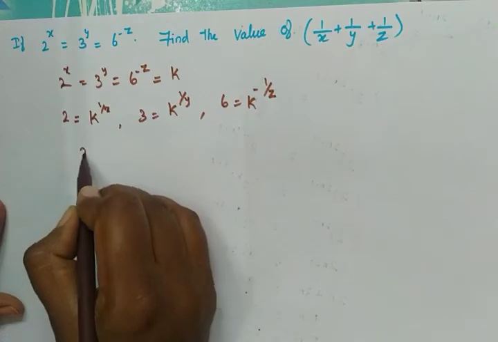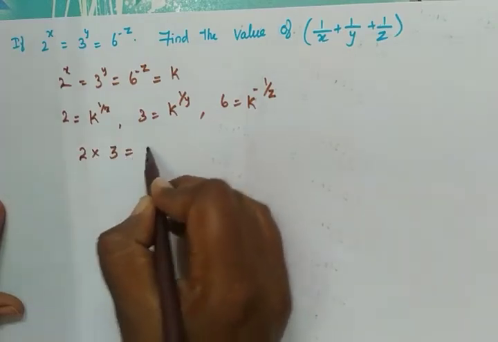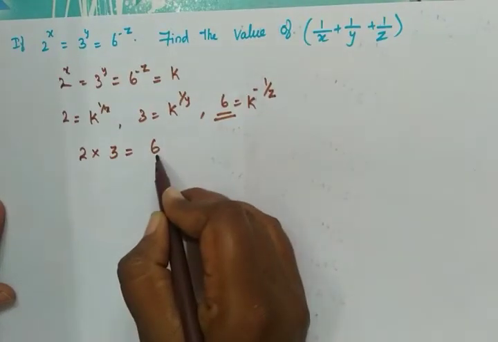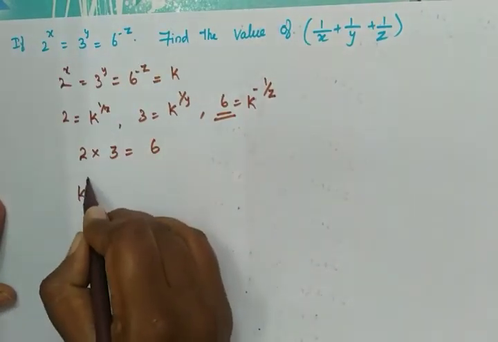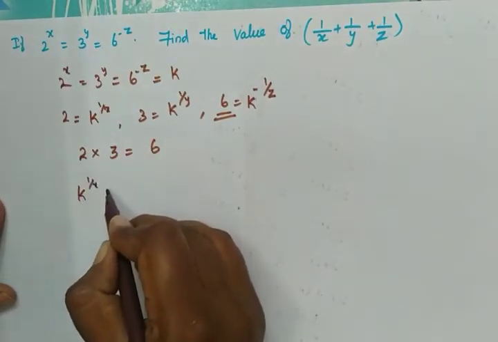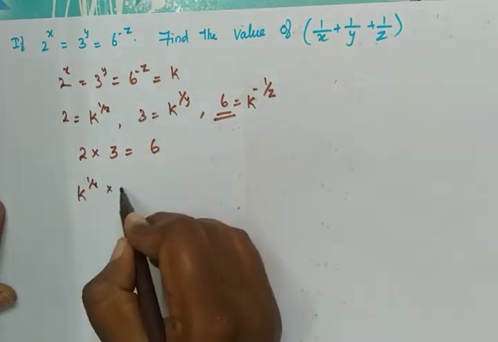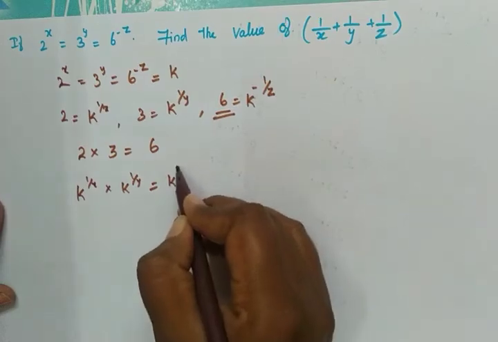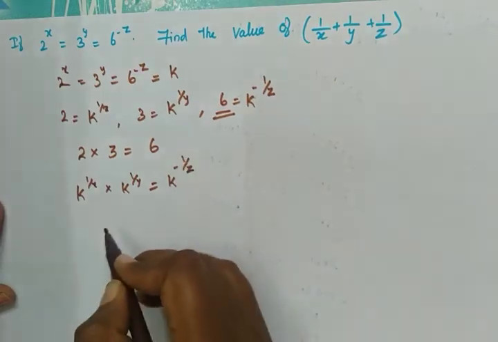Now 2 into 3 is equal to 6. So we can write k power 1 by x into, what is 3? k power 1 by y is equal to, what is 6? k power minus 1 by z.